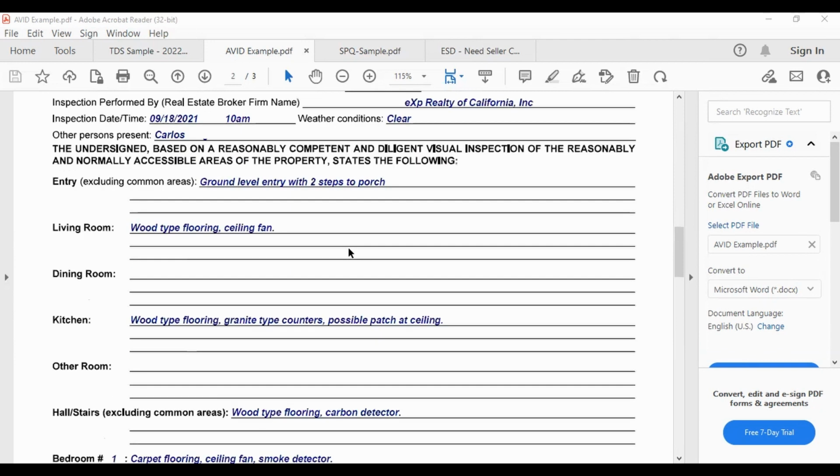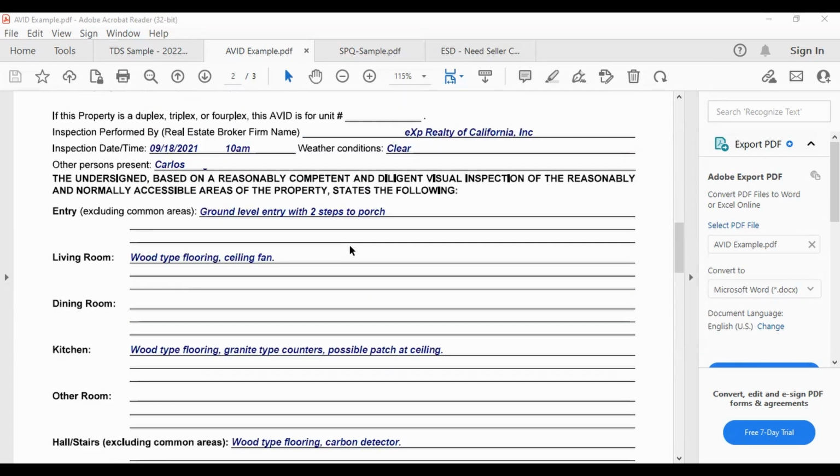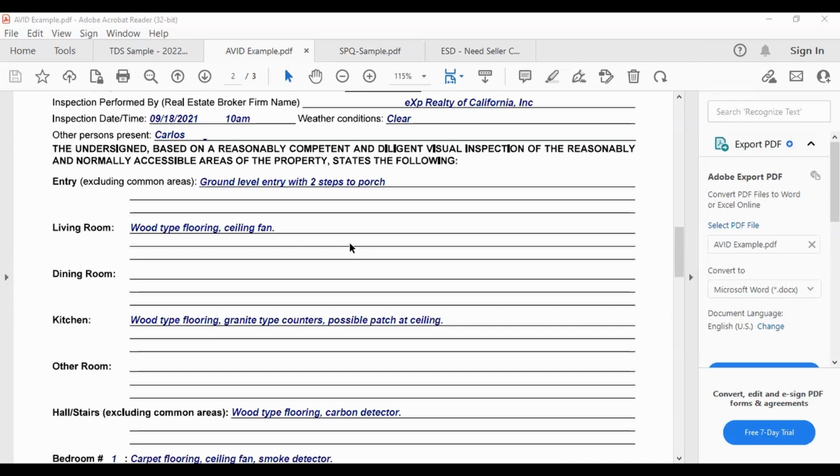Let's go to the second page of this. Now, what they're looking for in your obvious and visible disclosure is for you to tell the tale of what you see in that property while you're actually there. That's what matters most, besides pointing out anything obvious and visible.